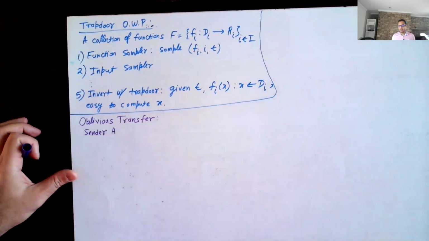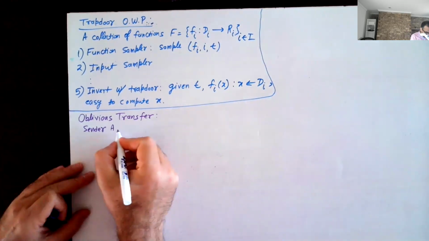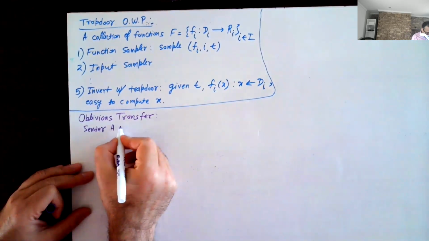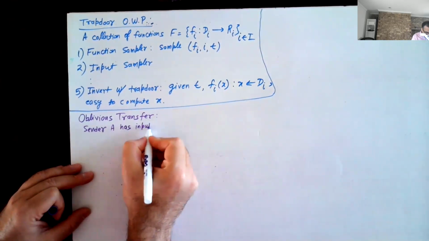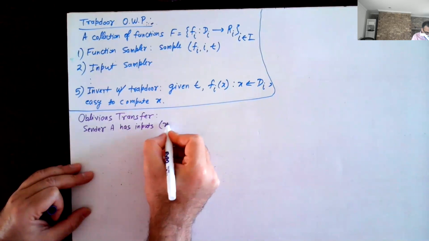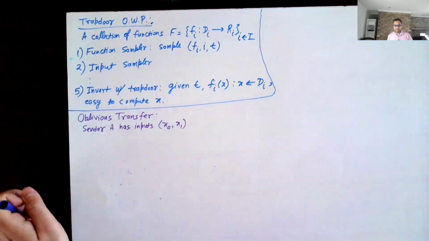Let's call the sender Alice. The sender has two different inputs. Let's call these inputs x0, x1.